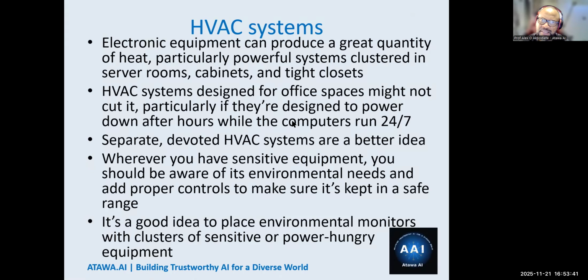For the HVAC system, because electronic equipment produces a lot of heat, you need to have a way of cooling down the system, especially in data centers. If you're running your computer 24/7, you need to make sure that you have proper cooling. So it's always a good idea to place environmental monitors with clusters of sensitive or power-hungry equipment.